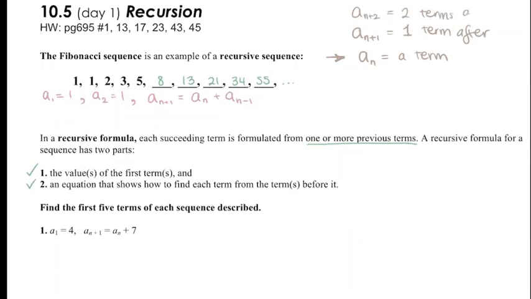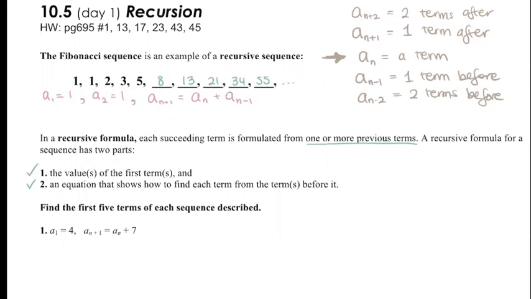So that subscript tells you how many terms away you are. If I want to use terms before, I would do A sub n minus 1, which would be one term before this initial term. If I want two terms before, you can do A sub n minus 2. So that's what all this A sub n, n plus 1, and so on is for.